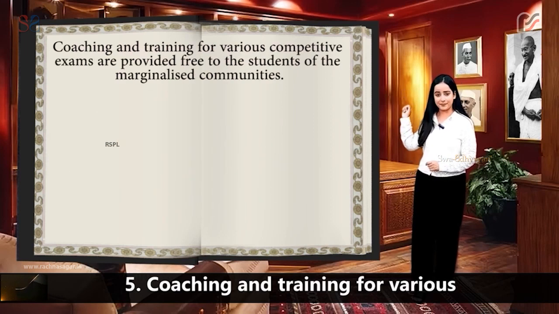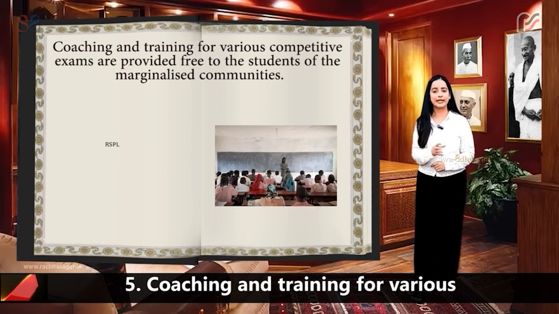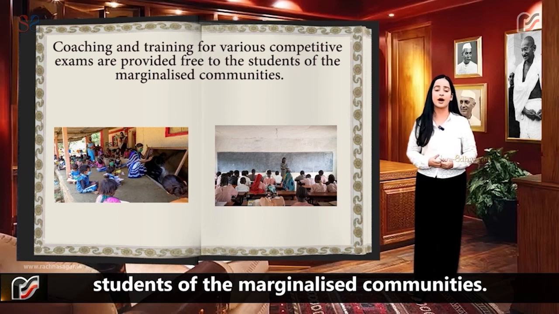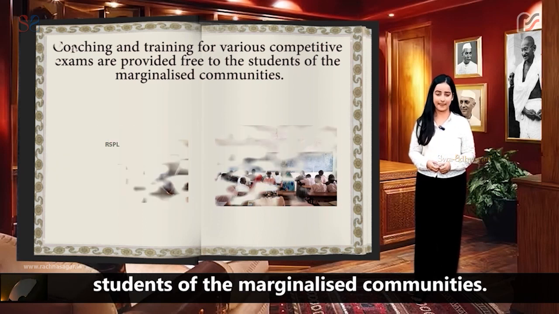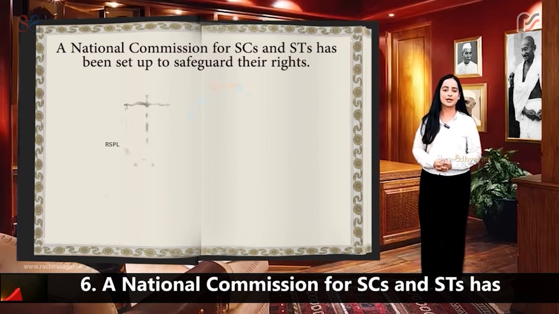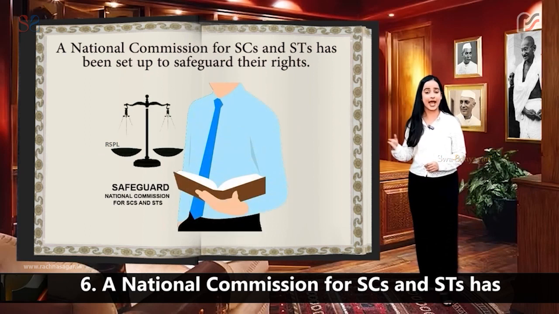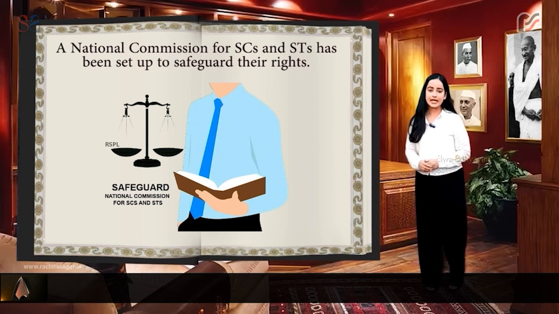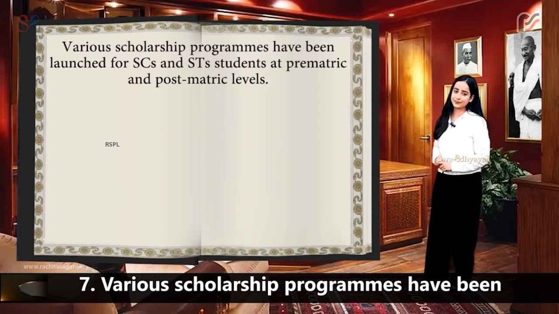Number 5. Coaching and training for various competitive exams are provided free to the students of the marginalized communities. Number 6. A national commission for SCs and STs has been set up to safeguard their rights. Number 7.